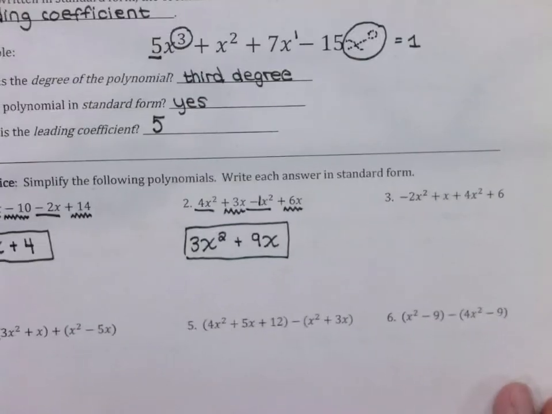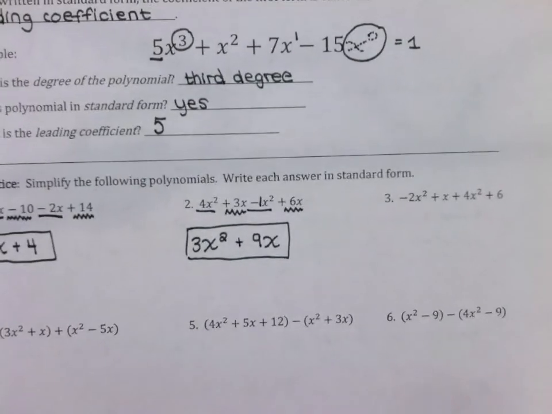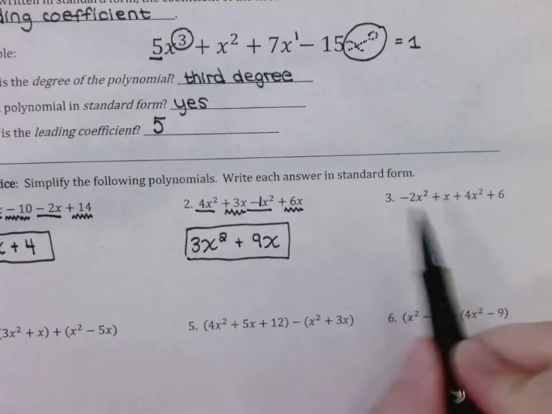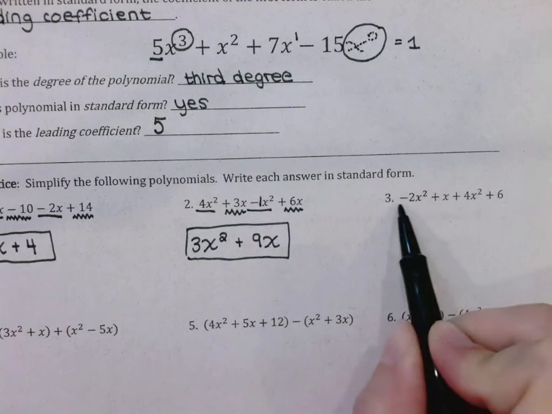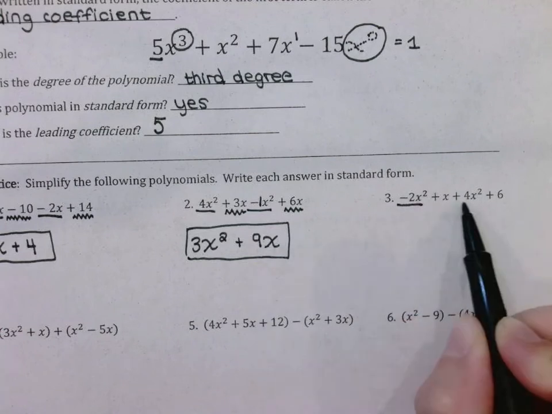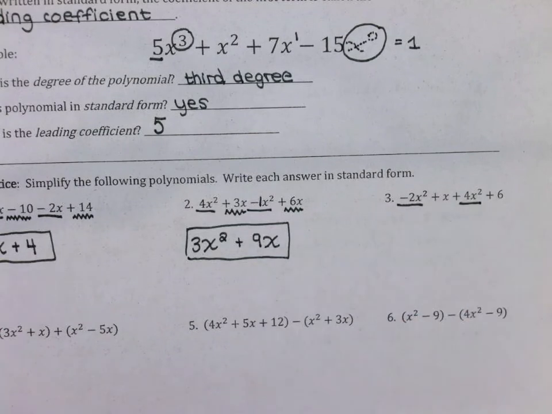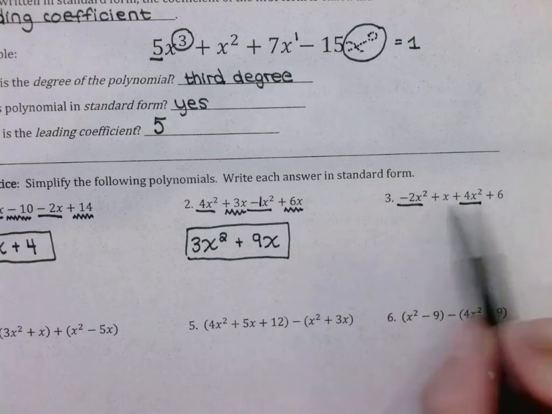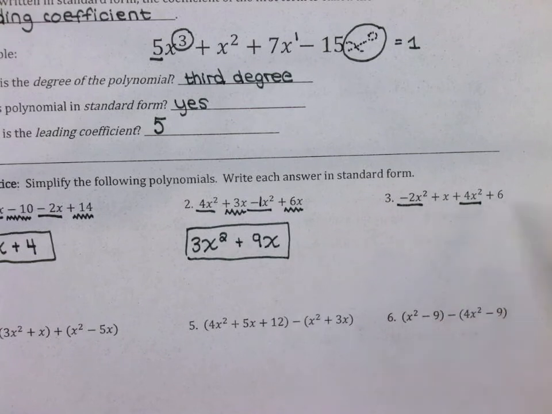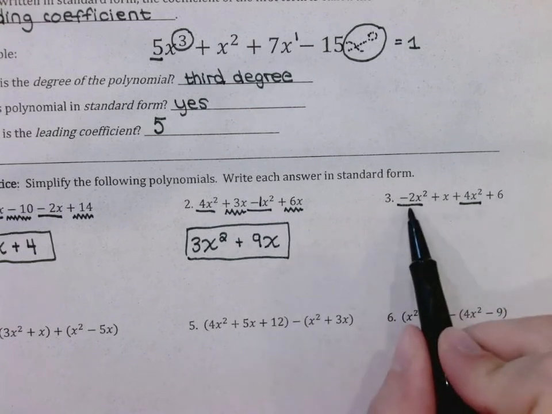Okay, let's look at number 3. So I'm going to start by finding my like terms. So my x squareds I see first. I have negative 2x squared and positive 4x squared. And then it looks like there aren't any other like terms. I can't combine an x with a constant. That just doesn't work. So let's combine these.